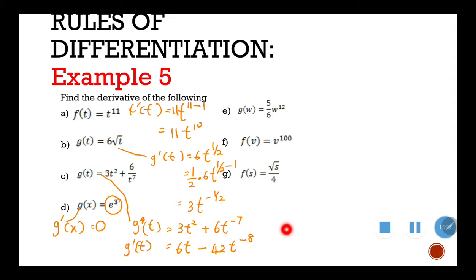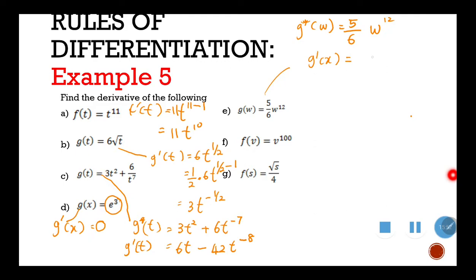Okay, now let's look at E. Okay, I'll just rewrite it. Okay, this is the derivative.